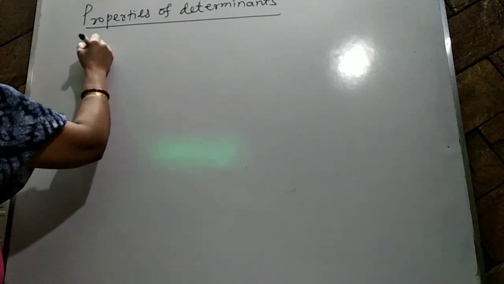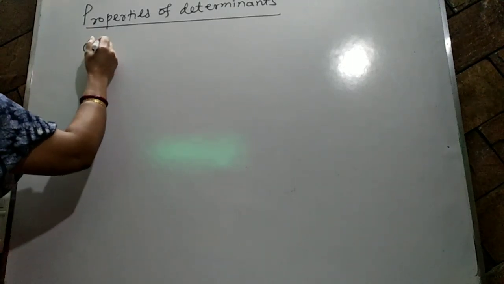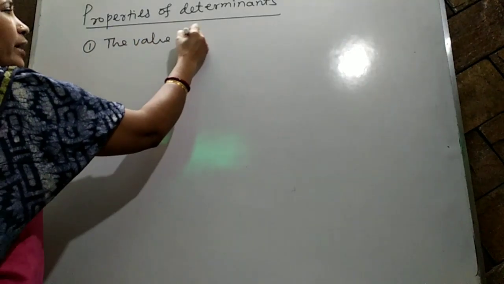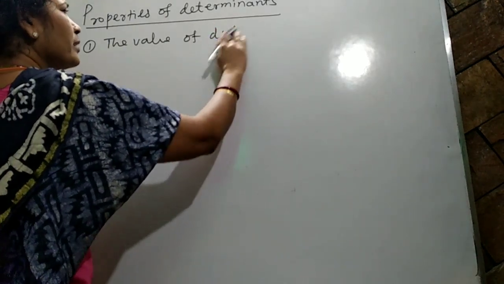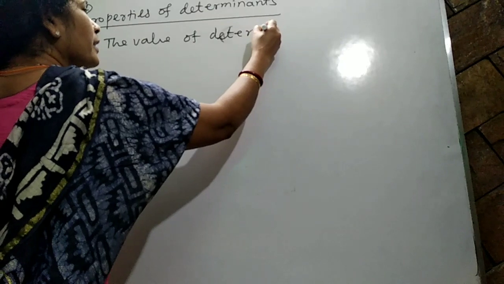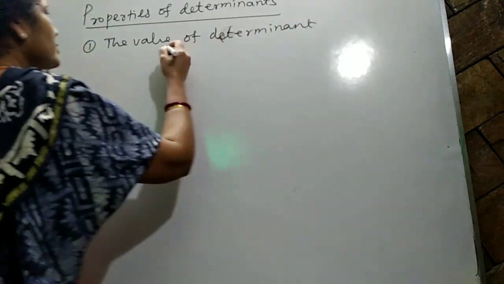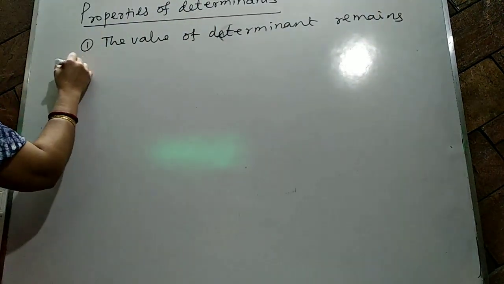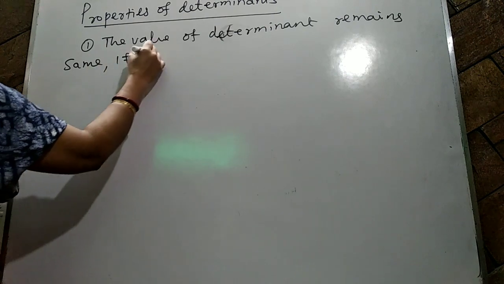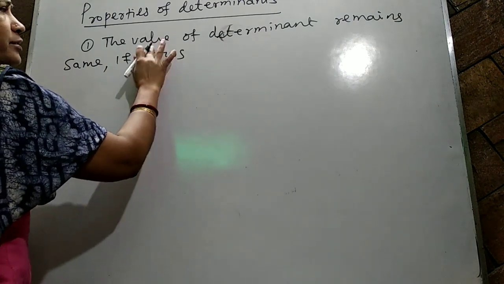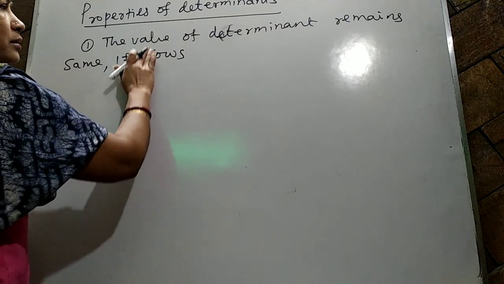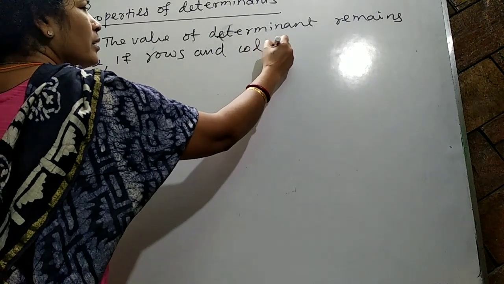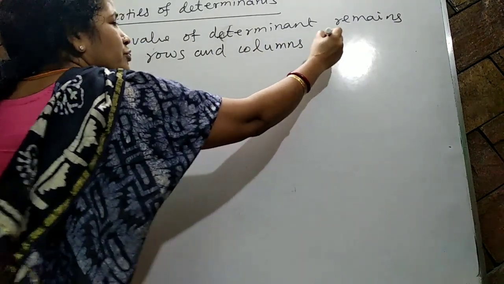Now property number 1, you start writing. Property number 1: the value of determinant remains same, the determinant remains same if rows and columns are interchanged.